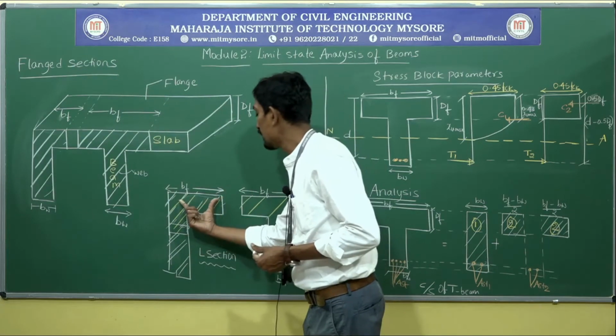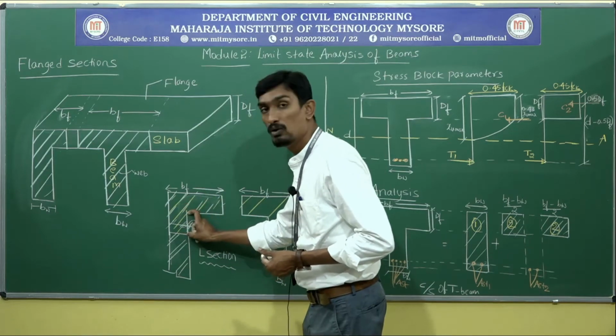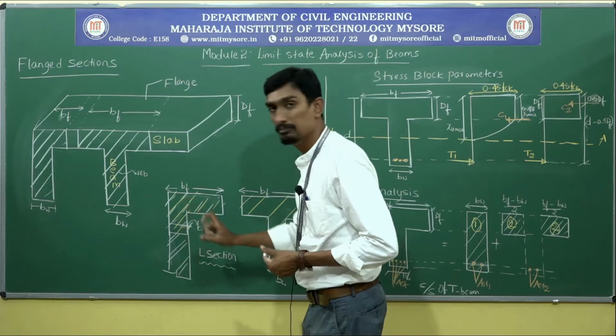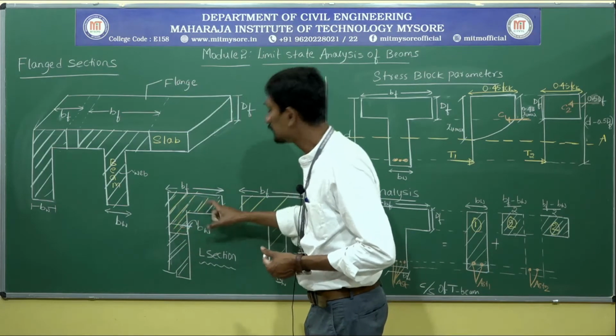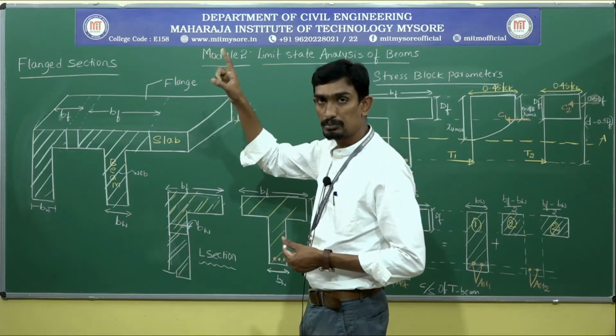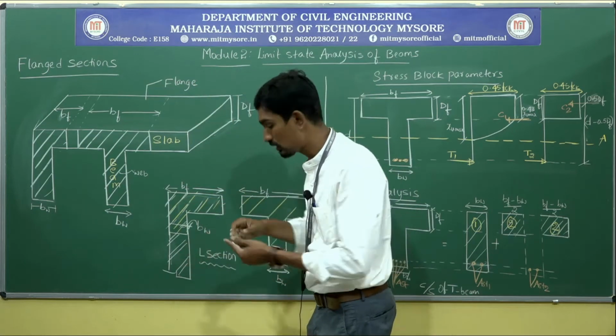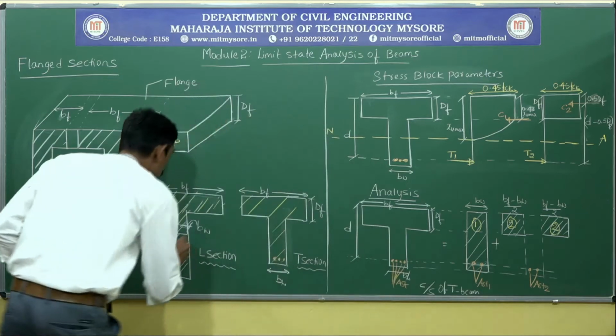This is the flanged portion and this is the web portion. Is it clear? Slab and a beam. And this corner, that is the L section, you can observe on the roof, will be resting on a wall. So this will be the wall.